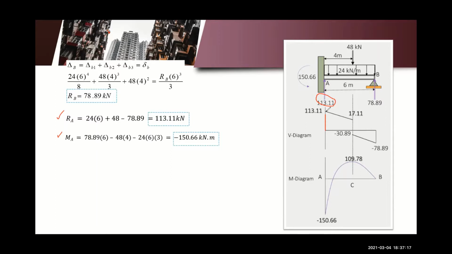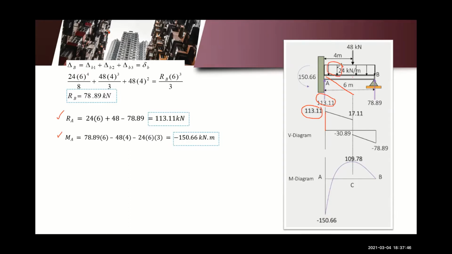Ayan. Upward, 113.11. And then, from A to this point, meron tayong uniform load that will cause a uniform change. Since pababa yung load, and uniform yan, obviously, pababa din yung changes na makikreate niya sa beam. So, yung 113.11, subtract nyo sa area nito.